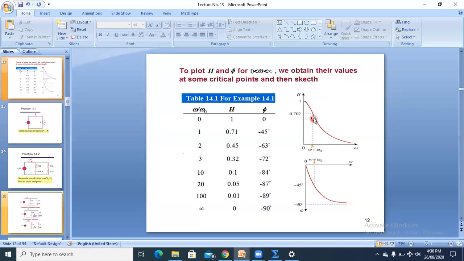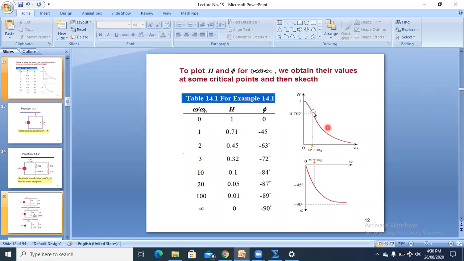So that frequency is in fact the cut-off frequency of the circuit, because after this it starts gradually cutting off the higher frequencies.